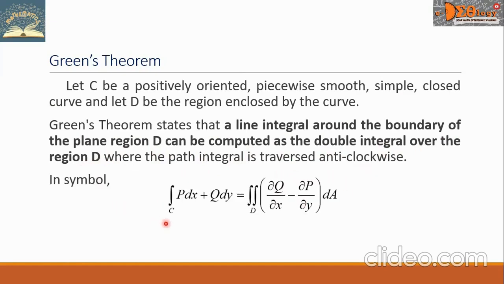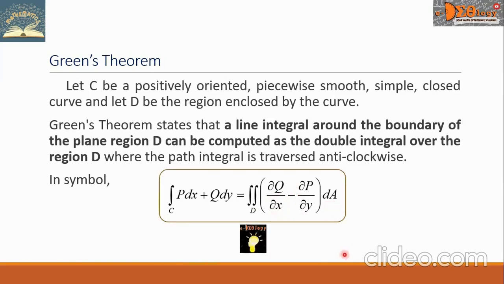In symbols, we write: the line integral over C, P dx plus Q dy, is equal to the double integral over D, partial derivative of Q with respect to x minus partial derivative of P with respect to y, dA. This is our working formula.